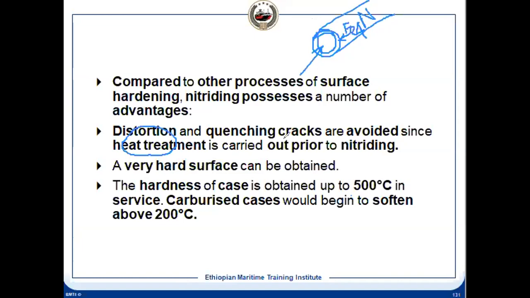We are not doing any quenching, and distortion will not be there, because we are slowly increasing up to 500. The ammonia will get dissociated because it is at elevated temperature, not room temperature, and this ammonia is circulated. At 500 degrees, it will get dissociated into nitrogen and hydrogen. Is it clear, Teka?